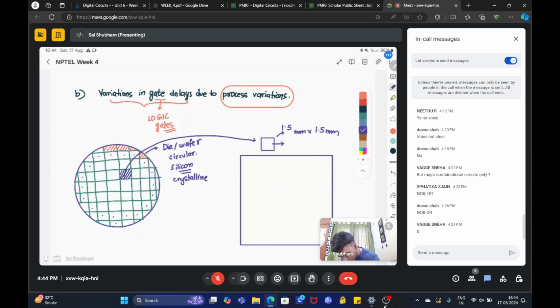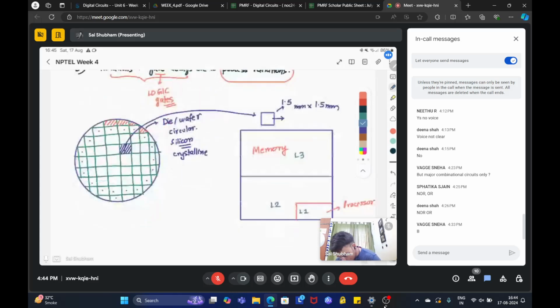Now if you look inside, you will have a very small portion. This portion will consist of your processor, and this portion will have your memory. There will be a hierarchy. You will have your L1 cache very close to the processor, then L2 cache, and then L3 cache. And this is your processor, which will have combinatorial circuits.